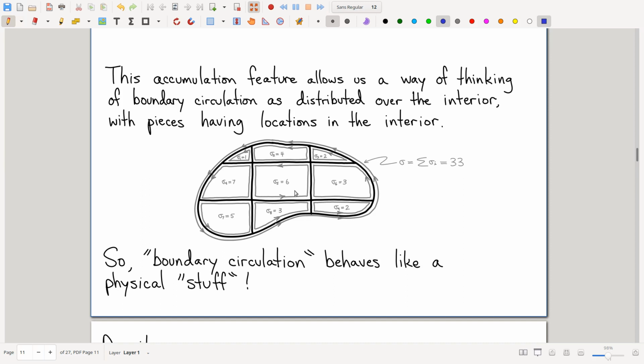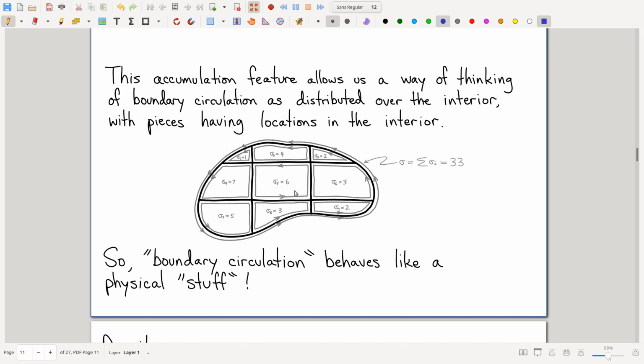It seems counterintuitive, this idea that even though you measure circulation on the boundary, I'm going to encourage you to think of it as happening in the interior. And that's not only somehow allowable, but actually useful and to be encouraged.